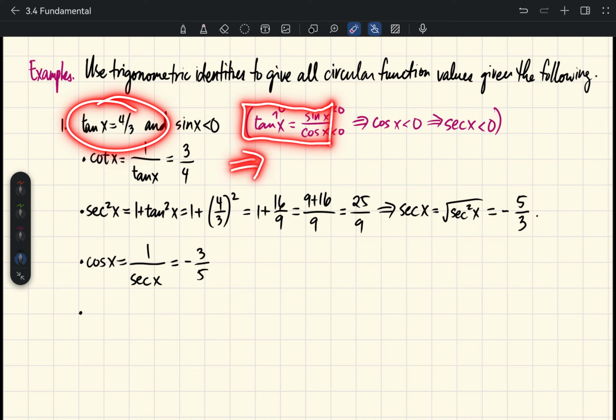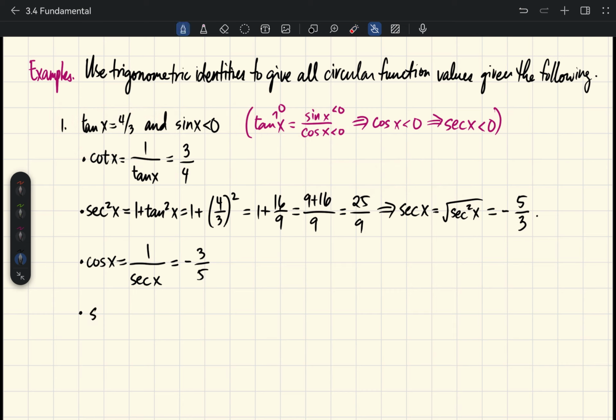So multiplying both sides by cosine x, we have tangent x times cosine x equals sine x. So sine x equals tangent x times cosine x.